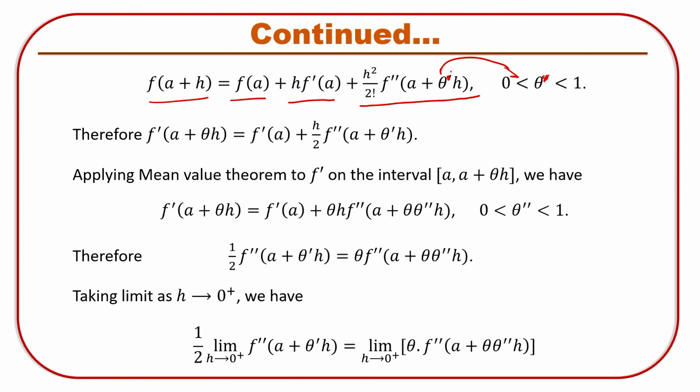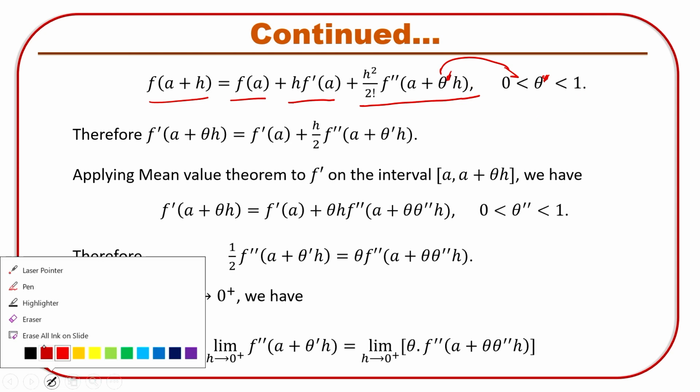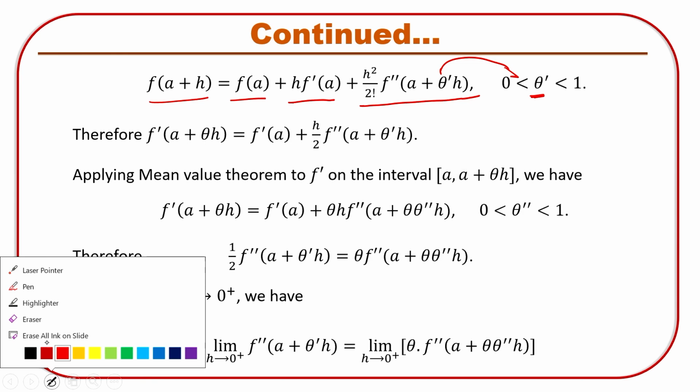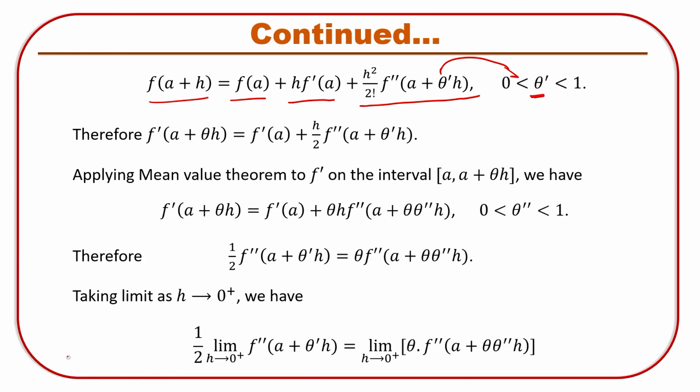Here it is customary to take theta dash, so let me erase this. Theta dash is another symbol, f dash of 0 to theta dash to 1, but you will be confused with this one. So, I think it will be much better if I use this theta only.